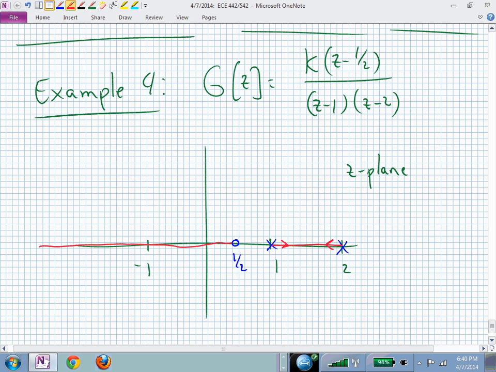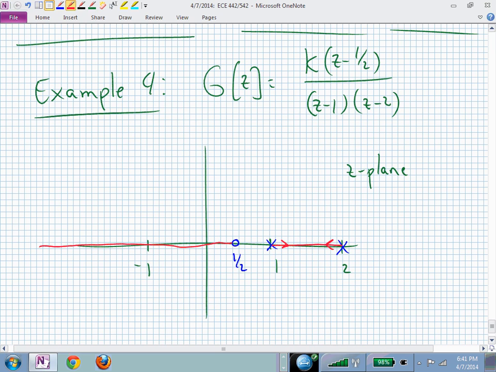Uh-oh. Now what? What do we know is going to happen between 1 and 2? Why is there a root locus segment between 1 and 2?